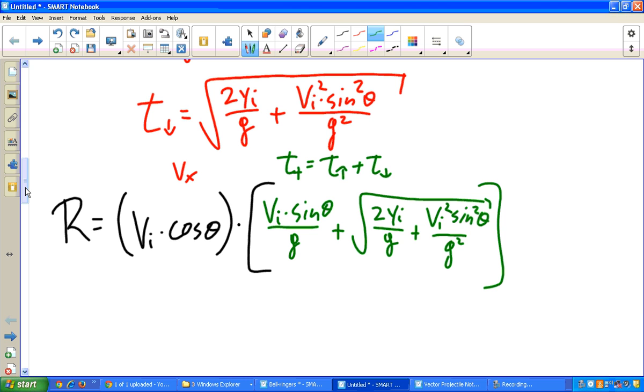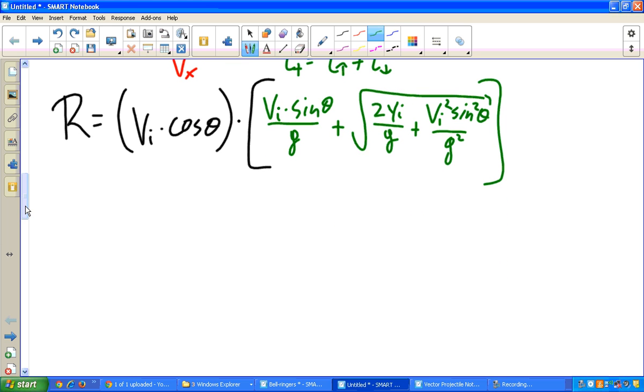Now the very last thing we can do is a little bit of math to simplify this, make it a little bit more pleasing to the eye.